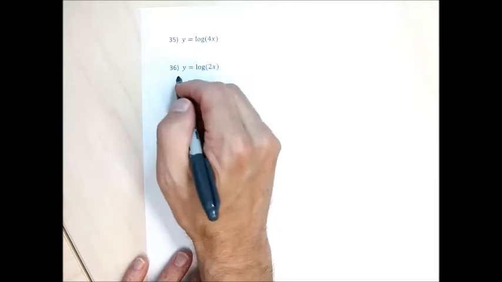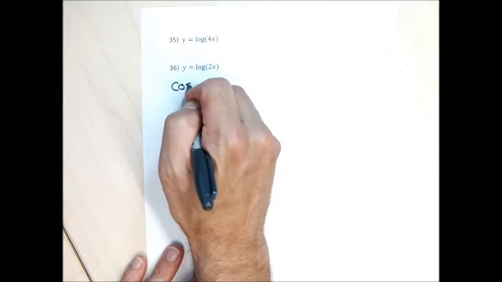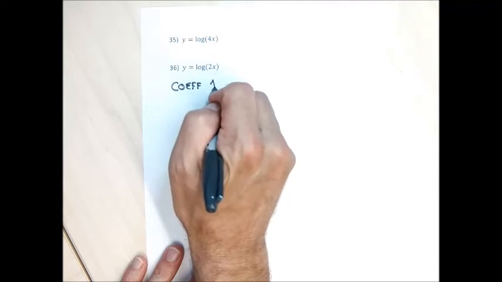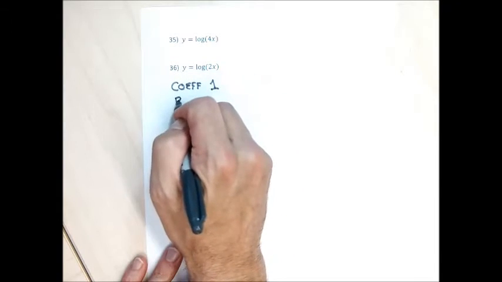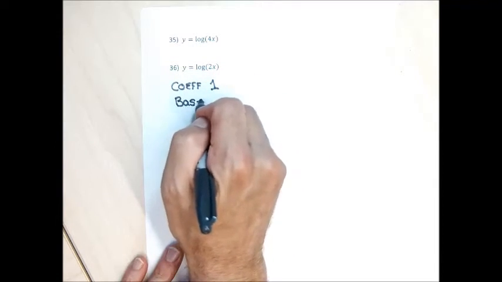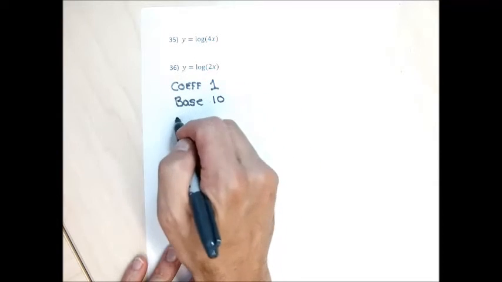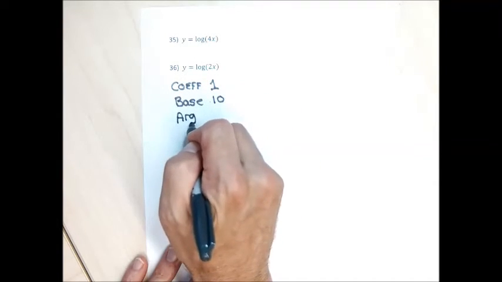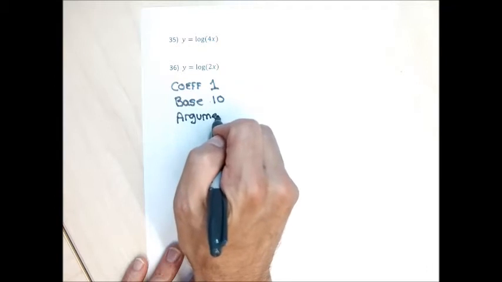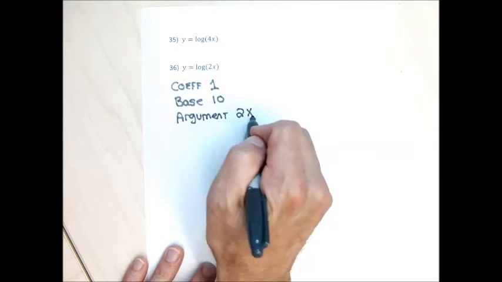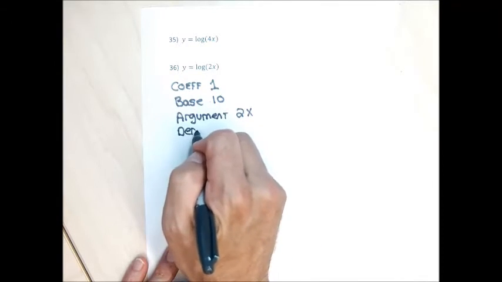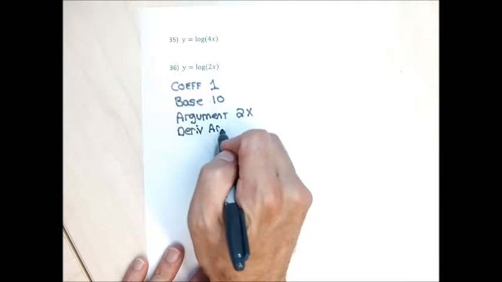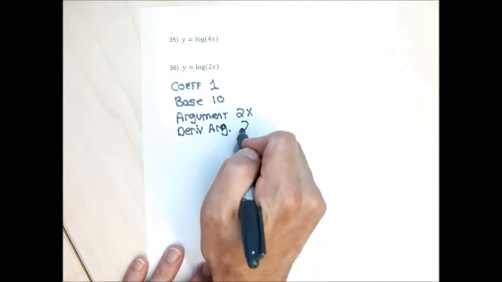If I was doing 36, I'm going to say the coefficient is 1. It's a log without a base written, so the base is 10. The argument is 2x, and the derivative of the argument is just 2.